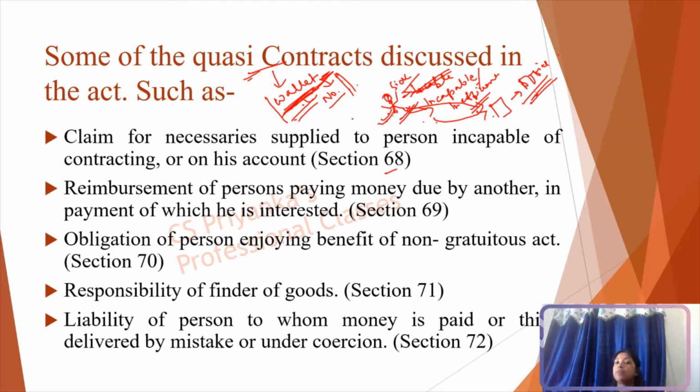You don't have any obligations until he tells you something, but as soon as you see this person is not capable of entering into a contract and you want to help him, you claim the amount on his behalf. This comes under section 68.